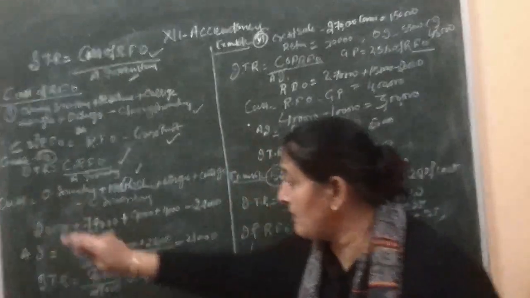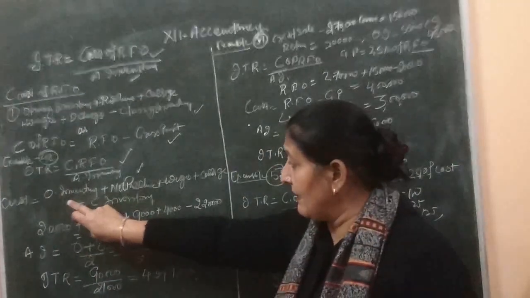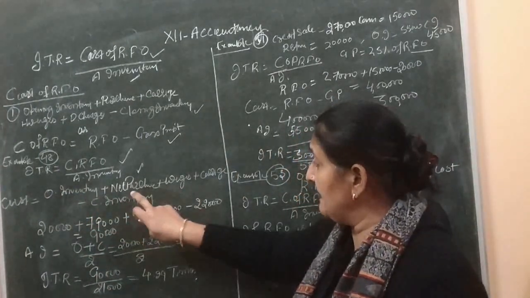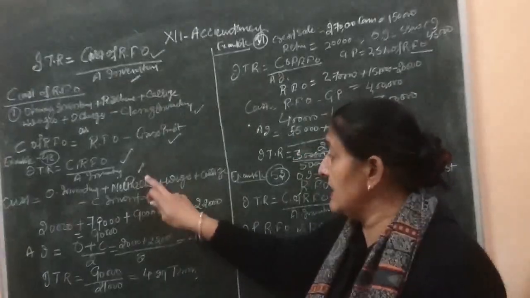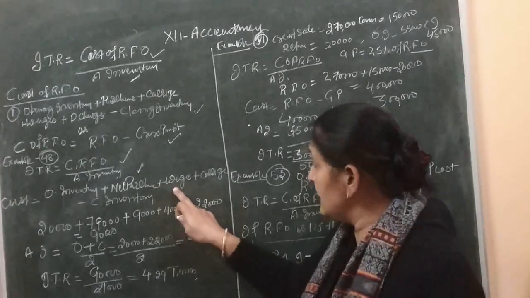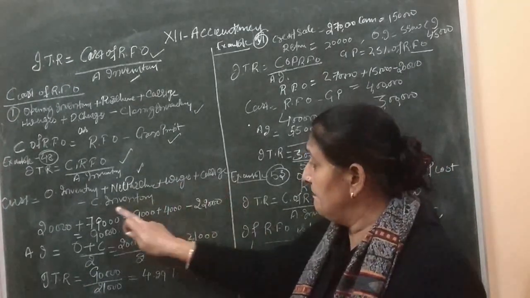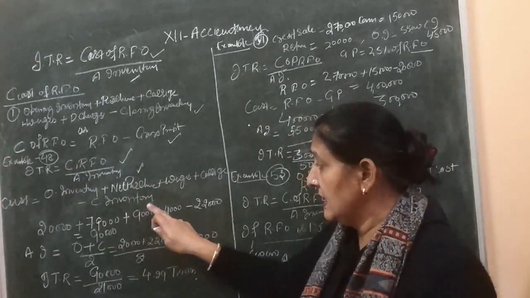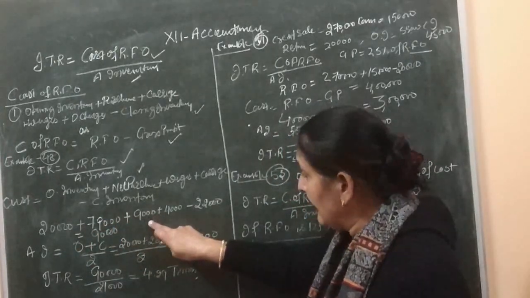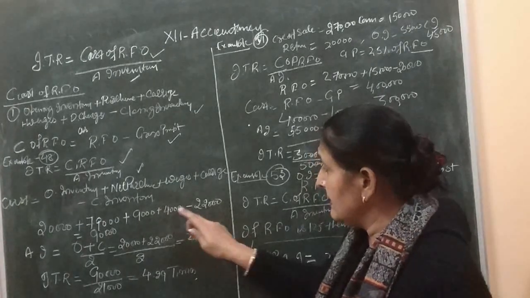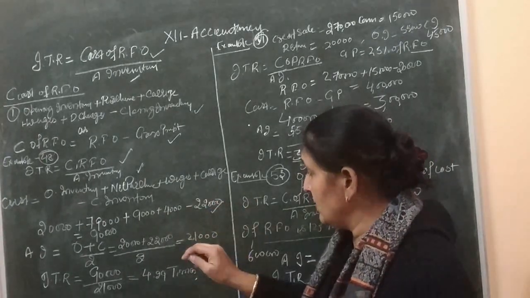Cost of revenue from operation: the formula is opening inventory plus net purchase, net purchase meaning purchase minus return outward, plus wages plus carriage minus closing inventory. So 20,000 plus 79,000 plus 9,000 plus 4,000 minus closing inventory 22,000.